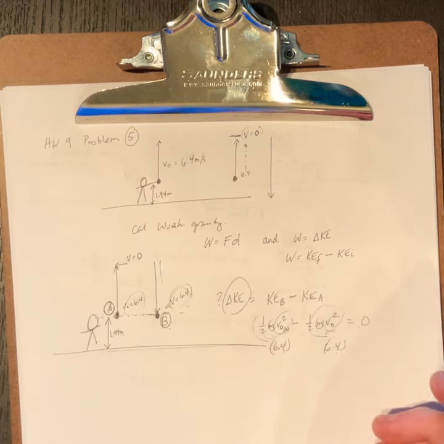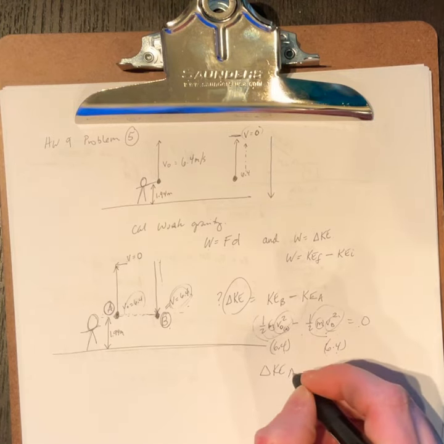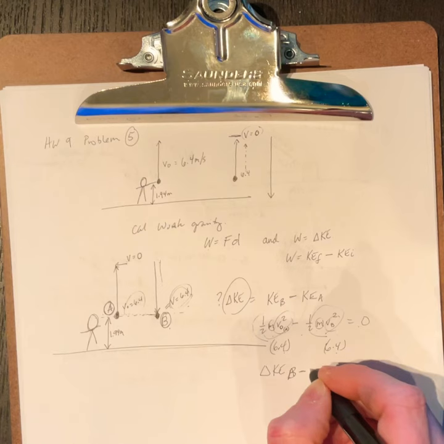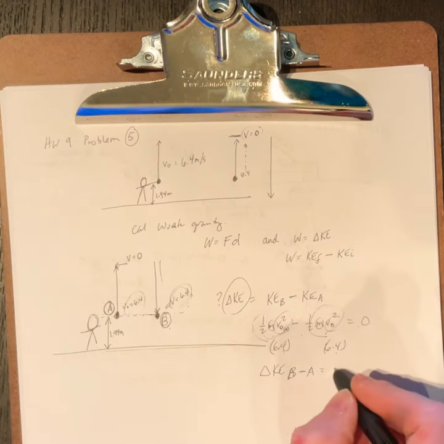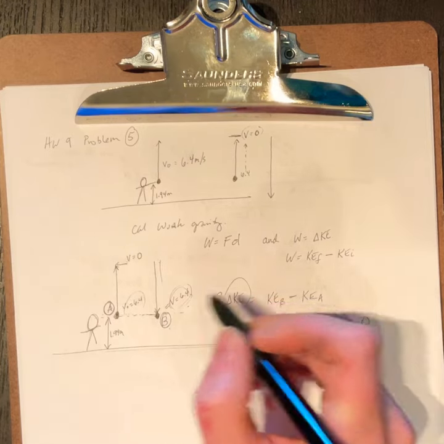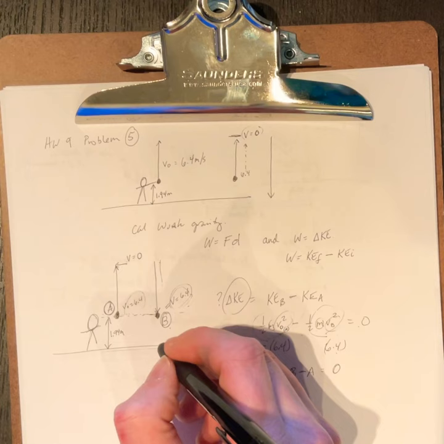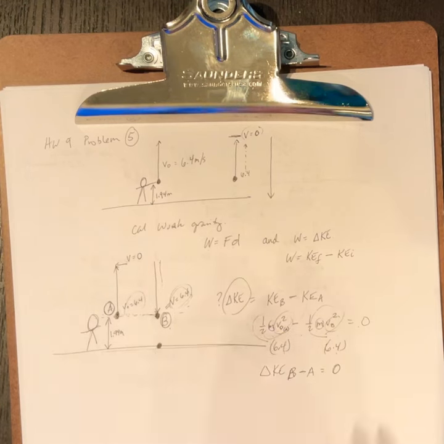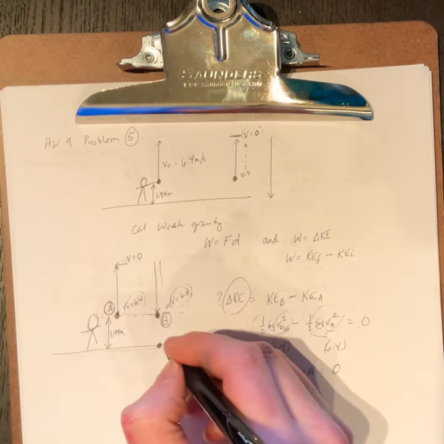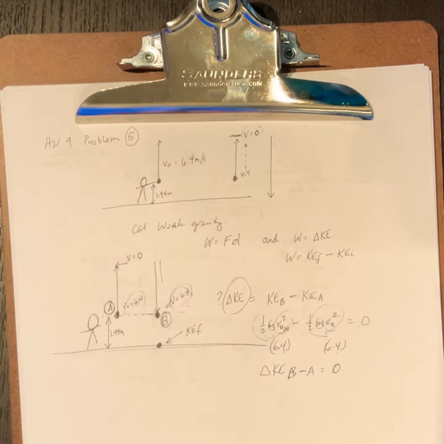So it should come out to 0. So the change in kinetic energy from A to B is equal to 0. But our problem doesn't say what is the kinetic energy when it reaches this point. It says when it hits the ground, right here. So what is its kinetic energy here? This is our final kinetic energy that we're trying to find.